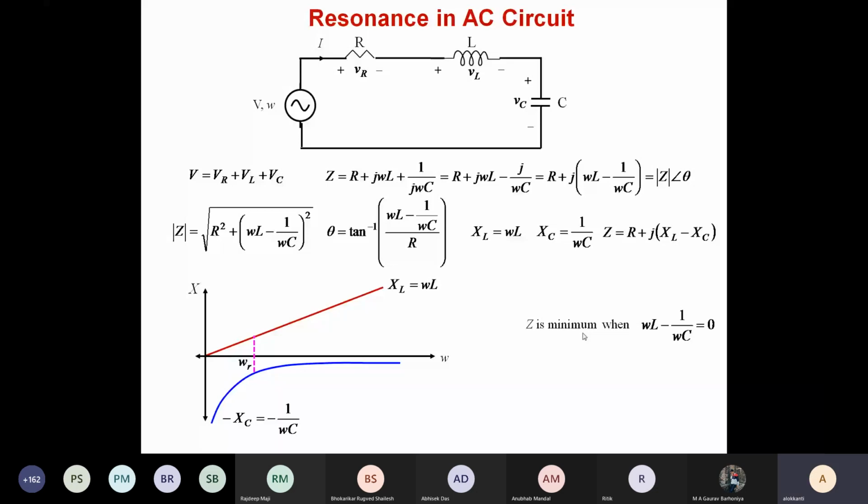This omega r is given by 1 by root over LC, which is known as the resonant frequency.